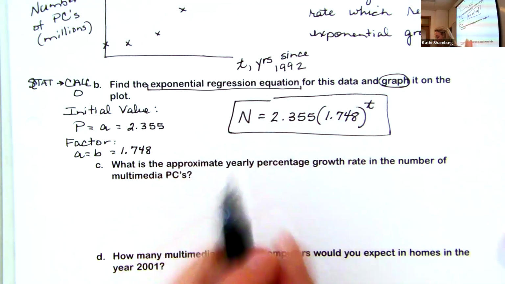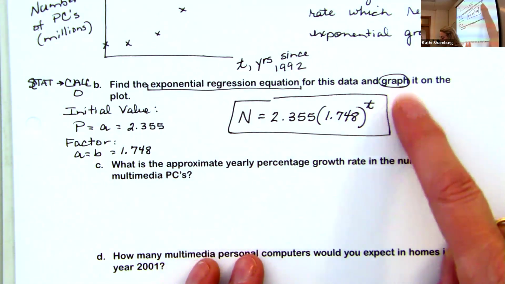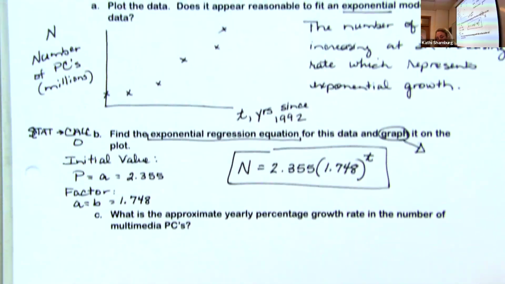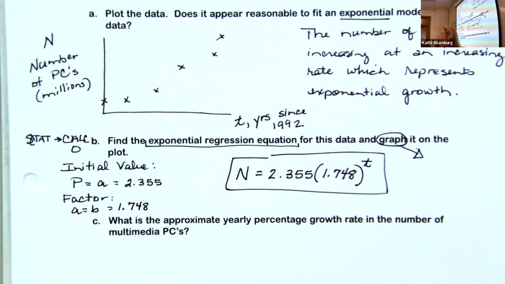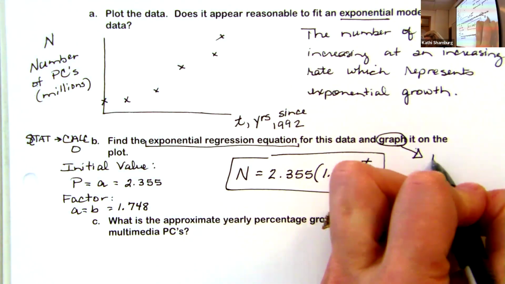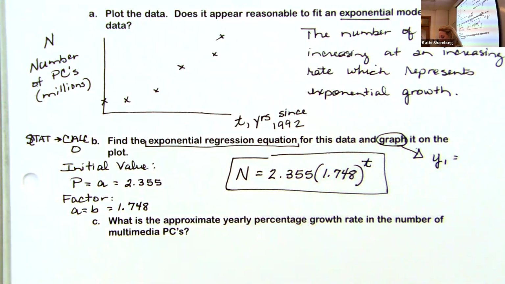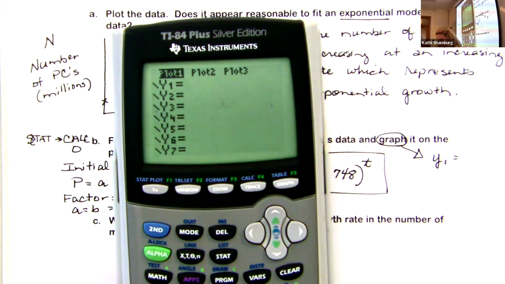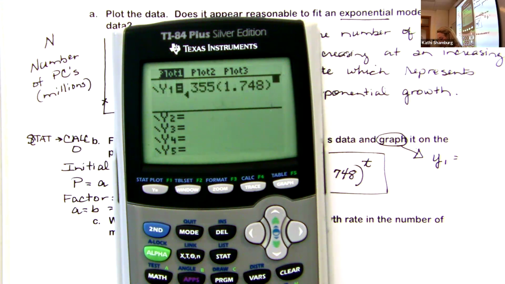Now it wants me to graph it. In order to graph it and put it up on the graph, I go to Y1 equals and put in that equation. Be sure you raise it to the X, because if you just multiply times X, it's not going to be correct.